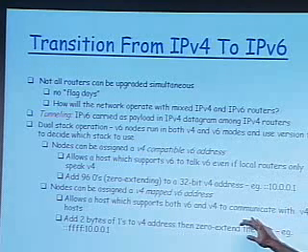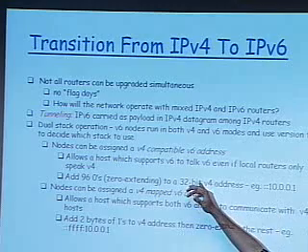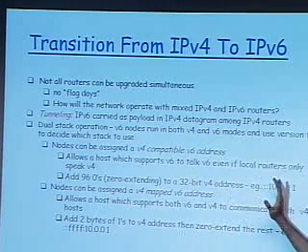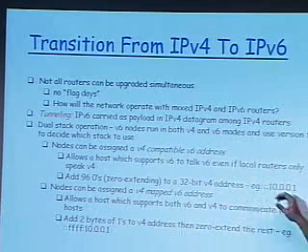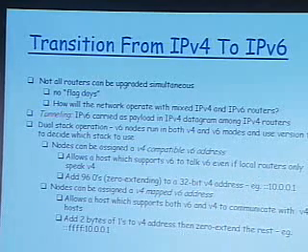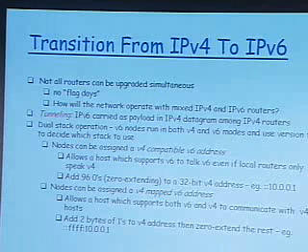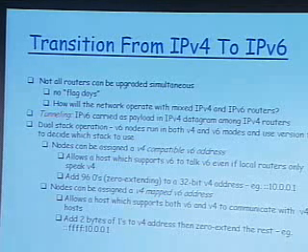So suppose you have a 32-bit v4 address for a device. You can just add 96 zeros and make it a 128-bit address. Other addressing schemes are where you map a v4 address to a v6 address. So in a dual stack operation, these nodes can talk both IPv4 and IPv6, and depending on who they are talking to, they can do the translation.